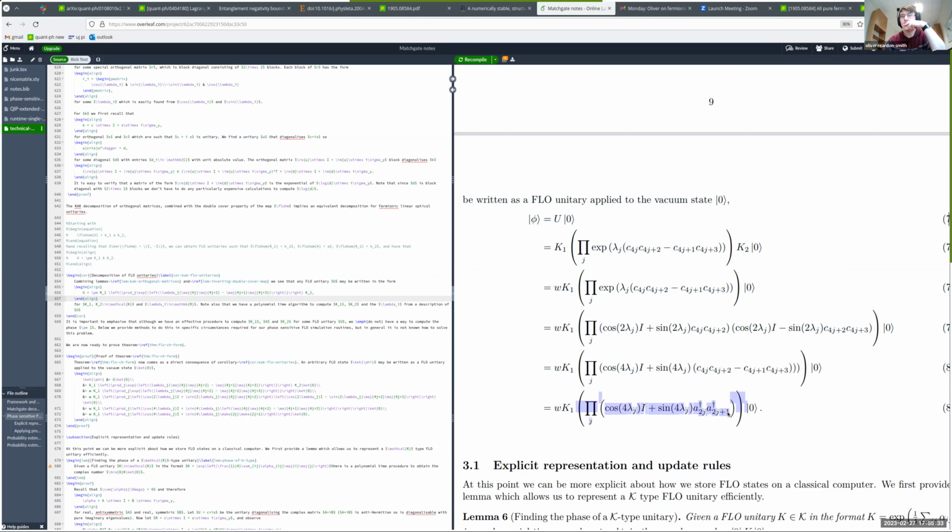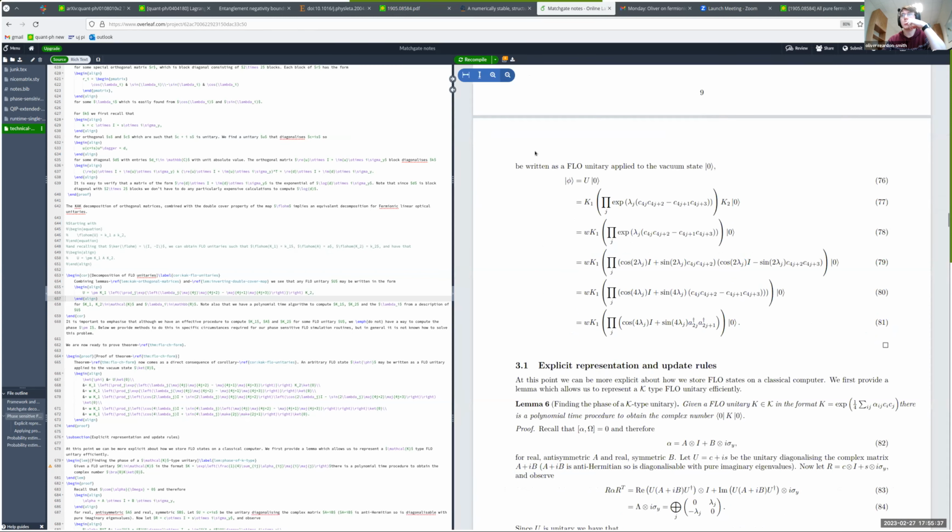Okay. The very last ingredient we need, and I don't have time to go through this at all, is to be able to apply FLO unitaries to states like this, and also do measurements on states in this form.